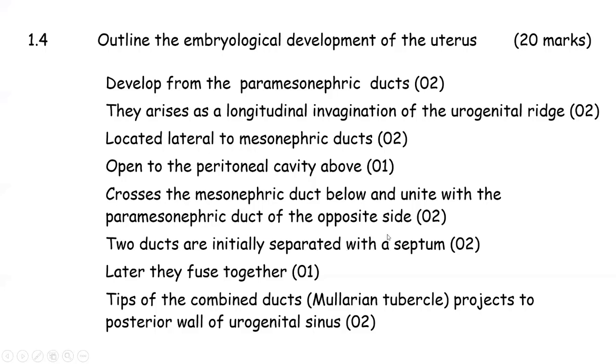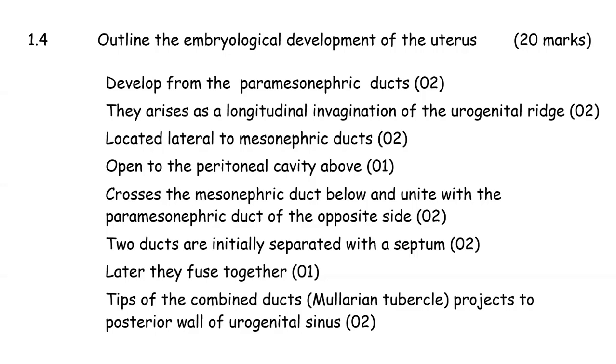And when they unite, the initial partition between the two tubes is there, right? So when it persists, sometimes you get bicornuate uterus and compartmentalized uterus, different congenital anomalies. But normally that partition is separate.